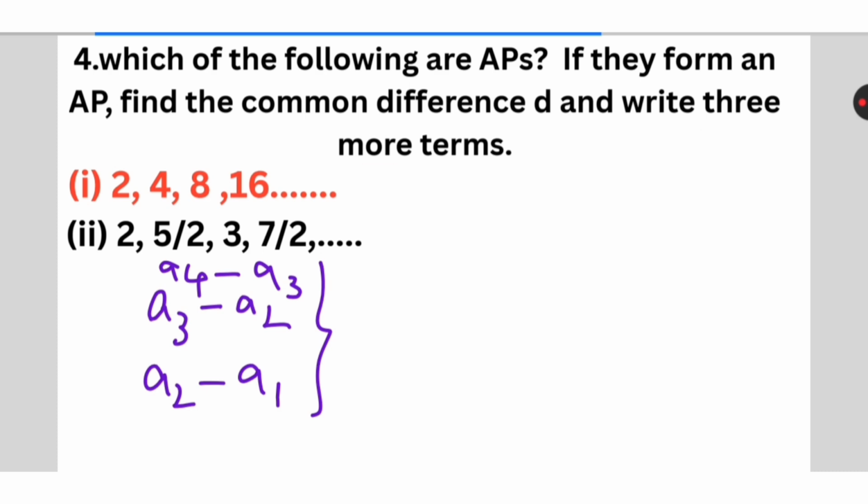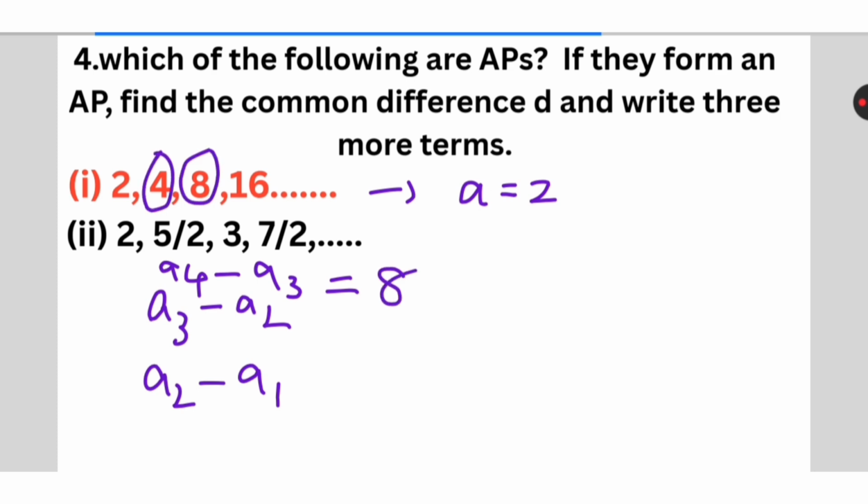So let's check the first given sequence. What is given? 2, 4, 8, 16. From here we can easily say that the A value is 2. Let's do the difference. This is A4 and this is A3. 16 minus 8 gives 8. Now let's do A3 minus A2. That is 8 minus 4, which gives 4.